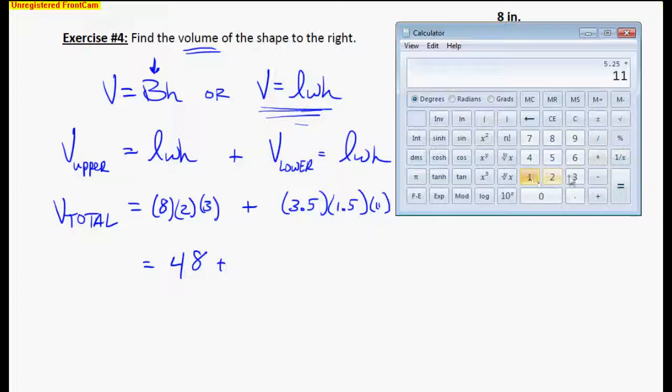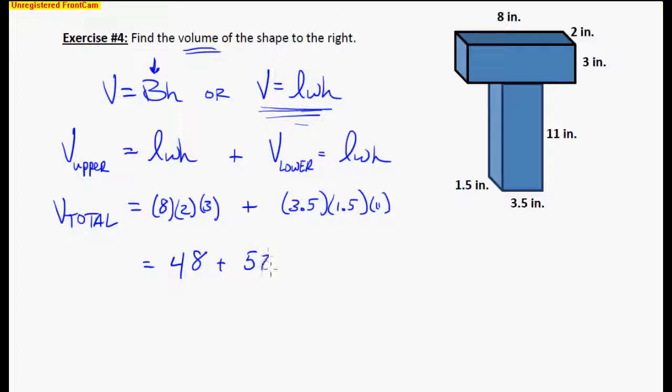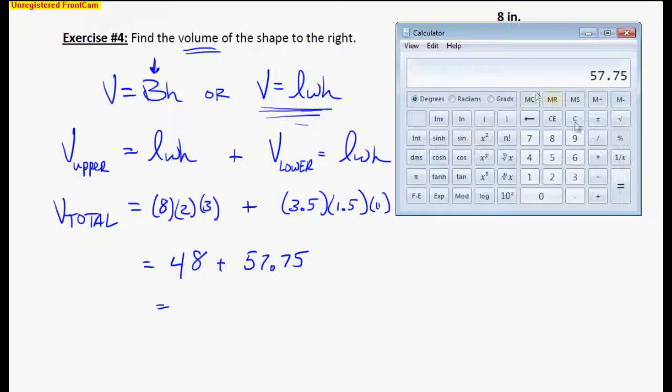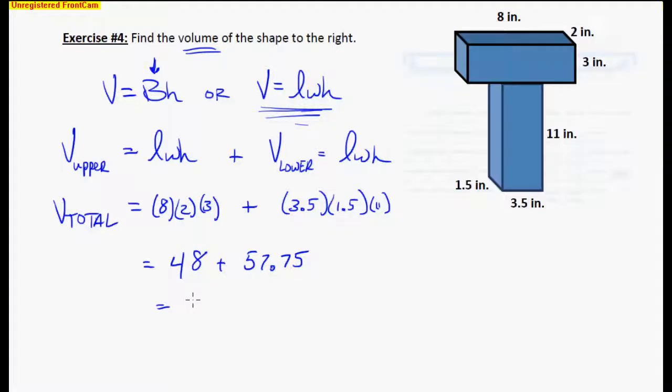I really didn't have to hit equals, I could have done it all at once, but that's 57.75. And then what do I have to do? I have to add those together. So I add 48 to that, and I get 105.75.